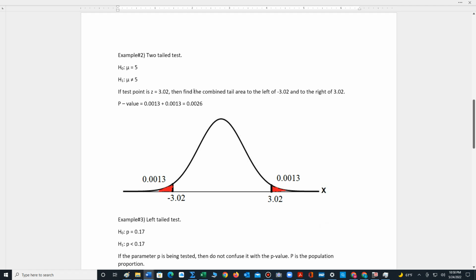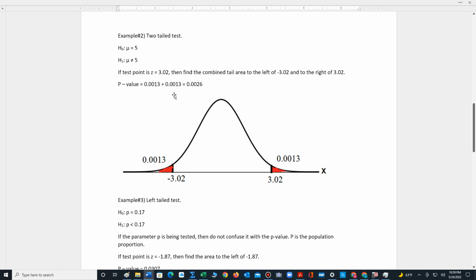Then the p-value, we have to find the combined tail area that's to the left of negative 3.02 and to the right of 3.02. That will equal our p-value. So what we do is we label the 3.02, and since it's two-tailed, we have a negative value on the opposite side, negative 3.02.